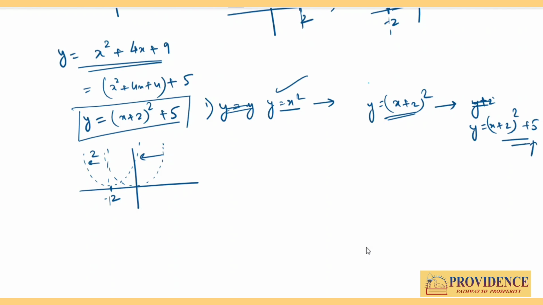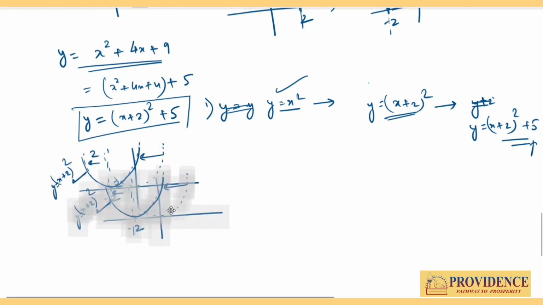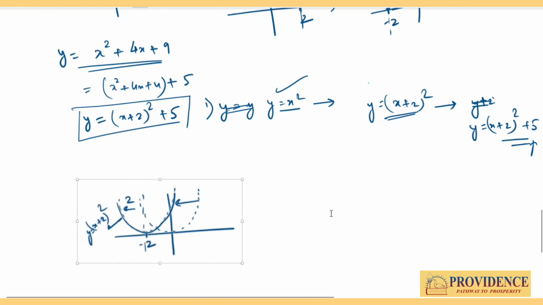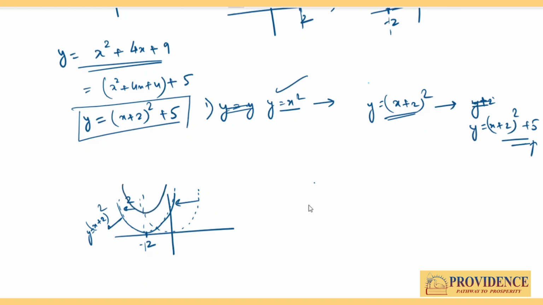So this particular graph, that means if this is y equals to (x plus 2) whole square, then if this is raised by 5 units, so that means this will be the graph.